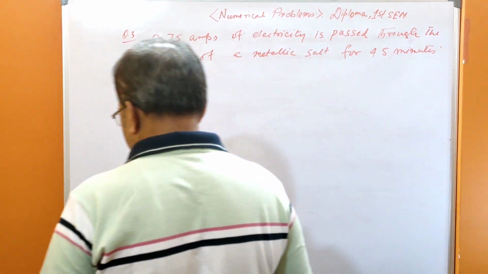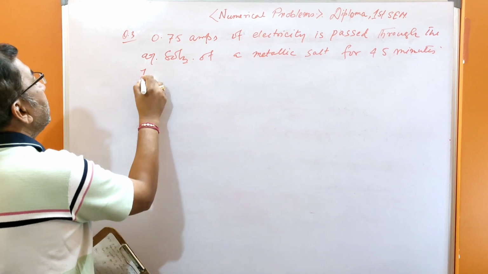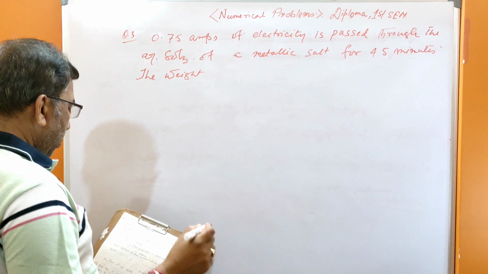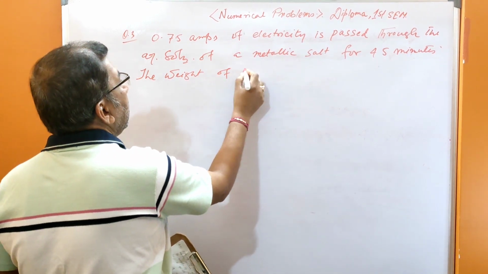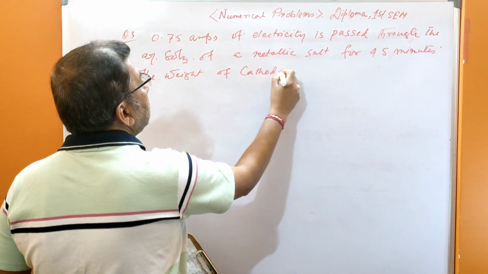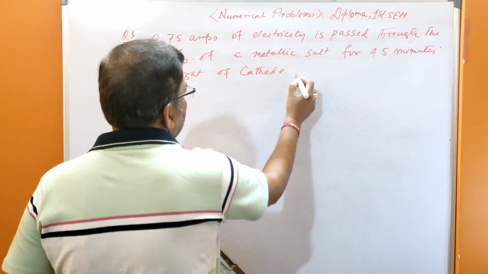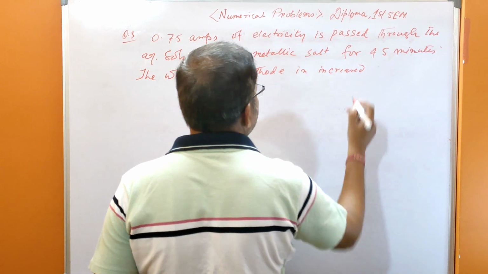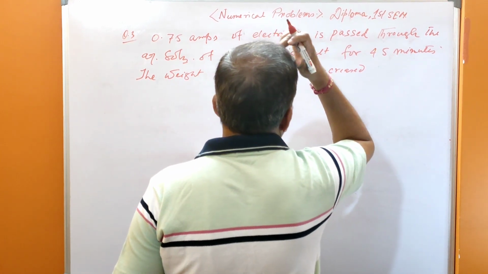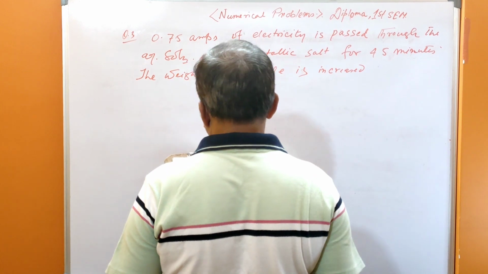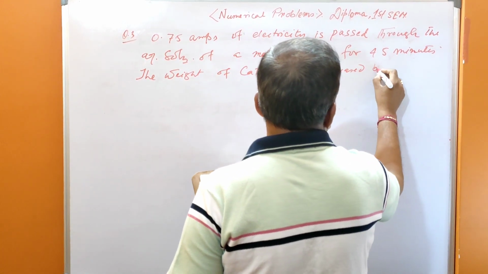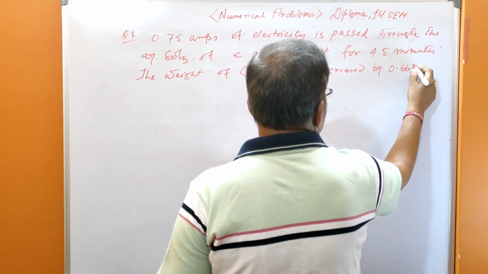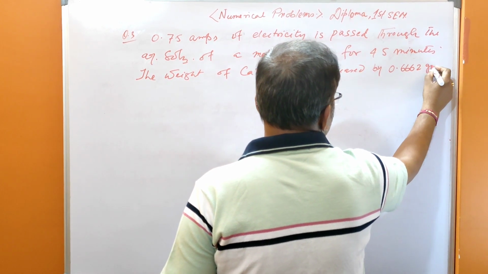The weight of the cathode is increased by 0.662 gram.